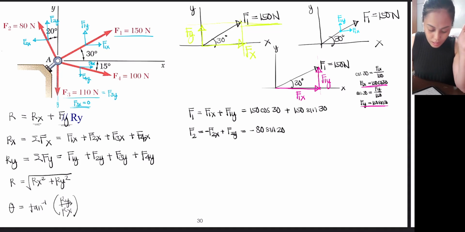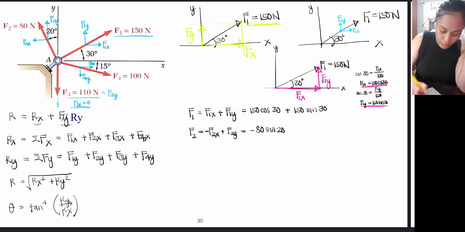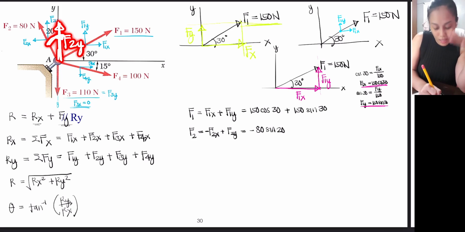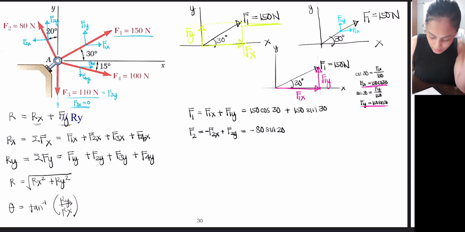Tapos ang iyahang F2y, adjacent sa angle, so cosine theta is F2y over hypotenuse, or F2y is equal to 80 cosine of 20 degrees.